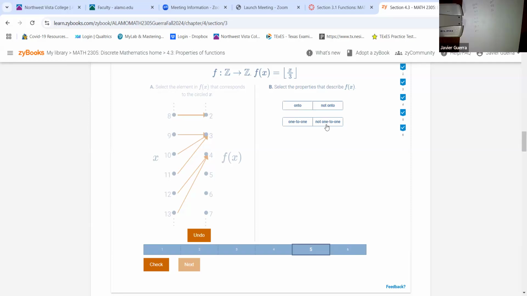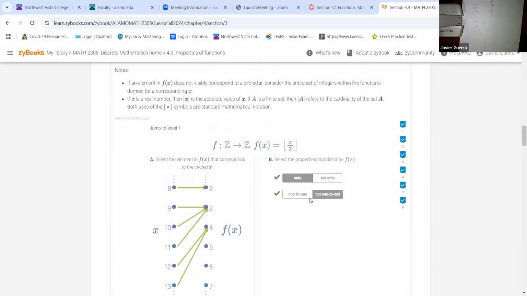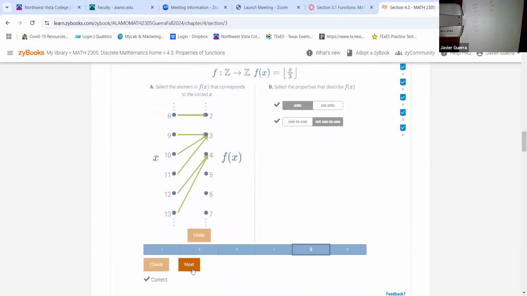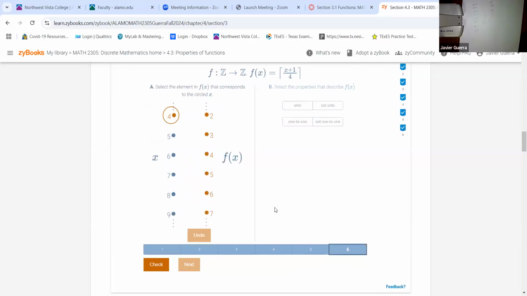Okay, so it's not 1 to 1 for sure. I think it's on to because it goes on forever. Yep. Okay. Good to know. All right. Next. Maybe because of the floor, it could just go on continuously, right? And we'll eventually get all the numbers.